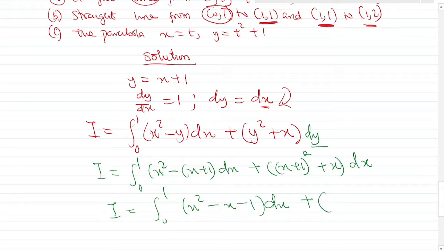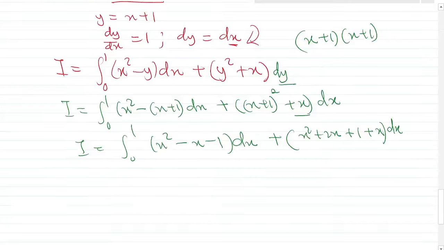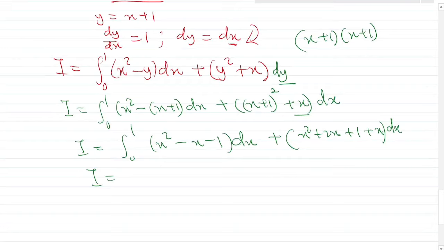Now if you evaluate this, you have (x plus 1) times (x plus 1), and that will give you x squared plus 2x plus 1, plus x. The remaining x here is the plus x dx. And then you have I equals the integral from 0 to 1. You can combine these two together, right?